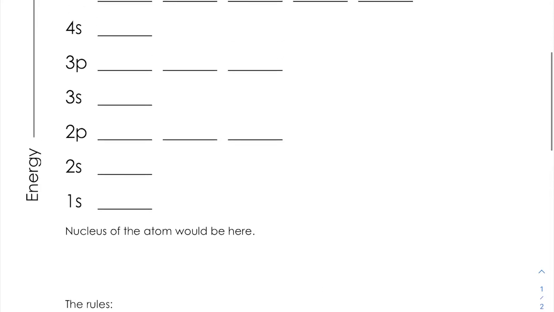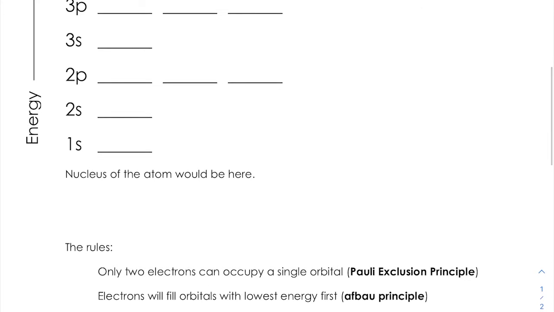You can imagine this sheet like a bucket, and you fill the electrons from the bottom to the top, from the 1 up to the top. So you fill empty orbitals first, then you pair up. You fill the lowest energy first. That's called the Aufbau principle. You don't need to know the names, but that's the principle of it. And then only 2 electrons can occupy a single orbital. Once I show you a couple of these, you'll get it. So here's how it works.